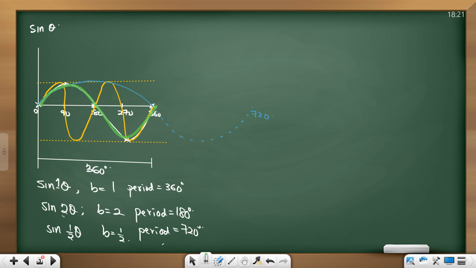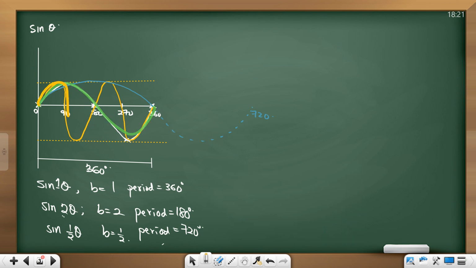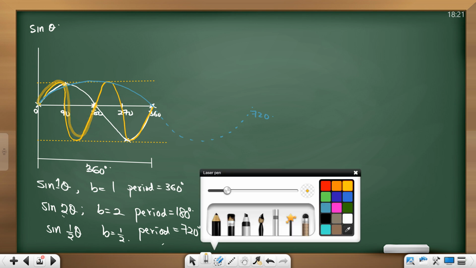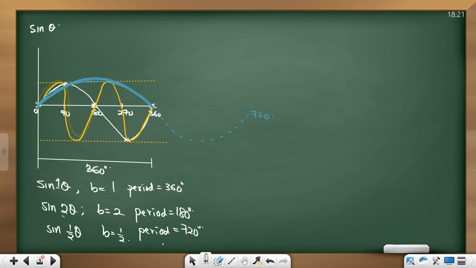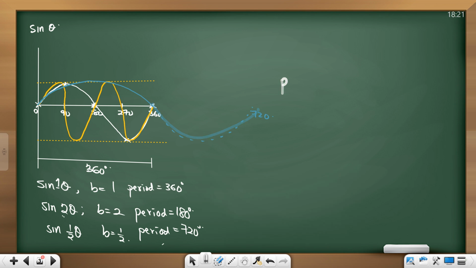So for the first one, my full graph is 360. For the second one, my full graph is 180. For the third one, this is half. If half is 360, the full should be what? 720. And that's why I gave you the formula that says period.